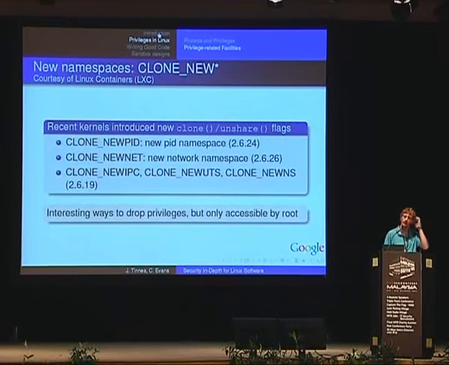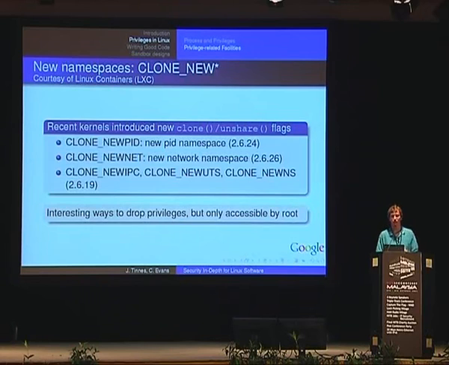Something that is not very well known yet is the new namespaces. They came since Linux 2.6.19 and with very recent additions, even in 2.6.26. It's a courtesy of the Linux containers, which allows you to create many virtual containers on the same machine.